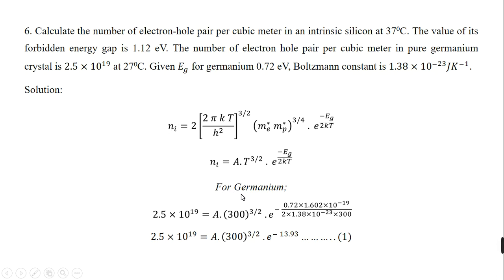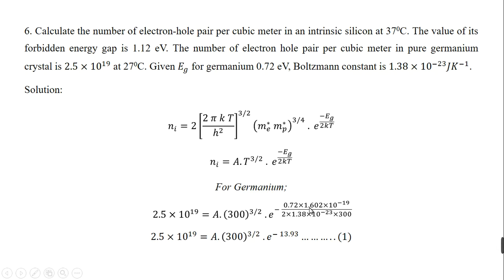So first you write down for germanium the concentration of charge carriers which is given as this much. The constant you write down as it is. The temperature is 27 degrees centigrade, so in kelvins it is 300 to the power 3 by 2 e to the power minus Eg by 2kT. Eg is given as 0.72 electron volts, and this needs to be converted into joules.